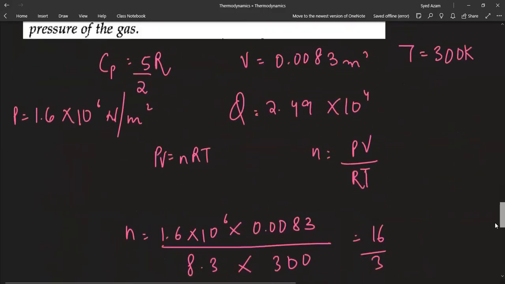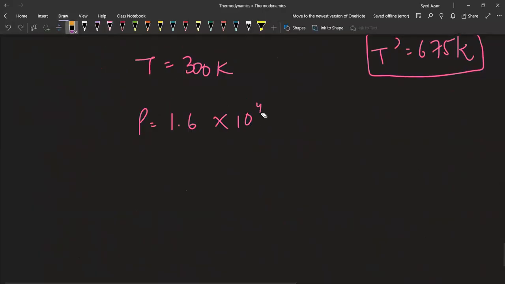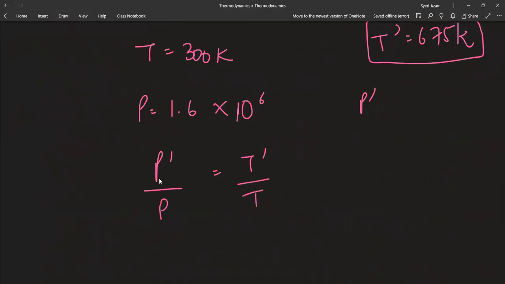Initial pressure is 1.6 into 10 to the power 6 Newton per meter square. Sorry, 6, na? It was 6. Now P dash. So you know pressure and temperature are directly proportional. P dash by P will be T dash by T. We need this.